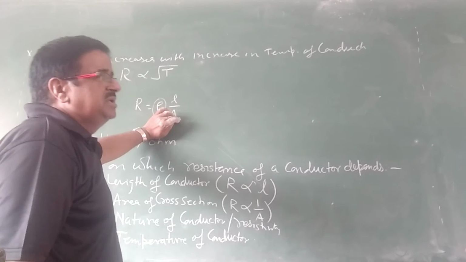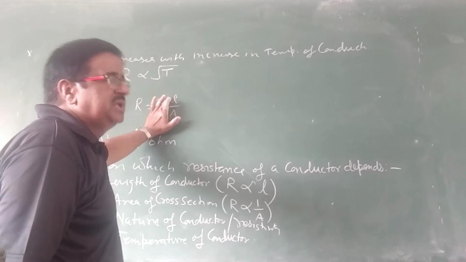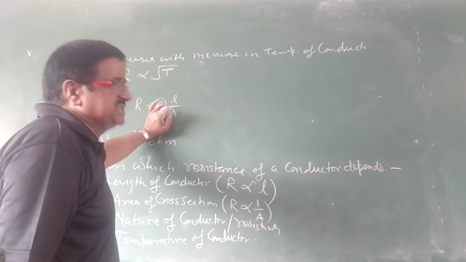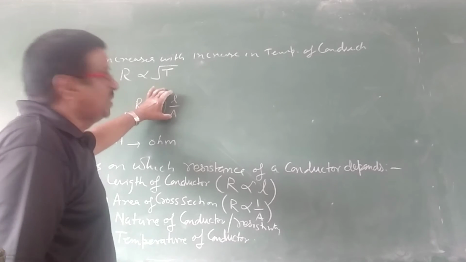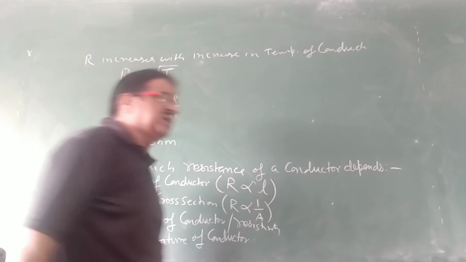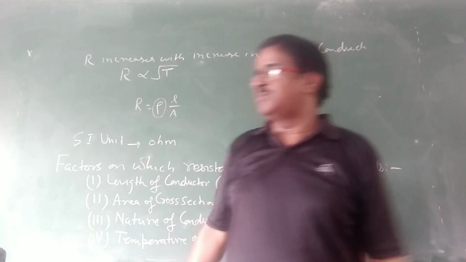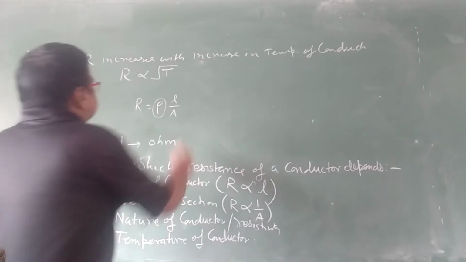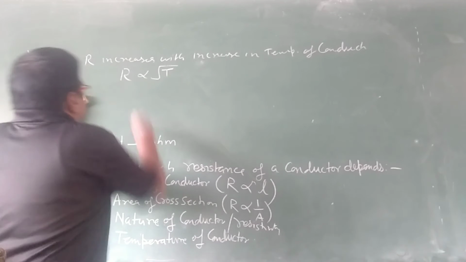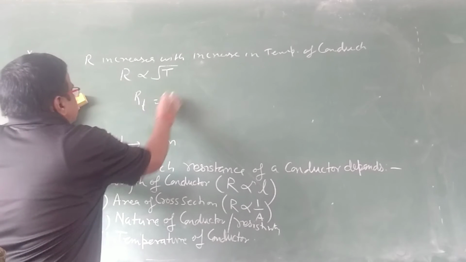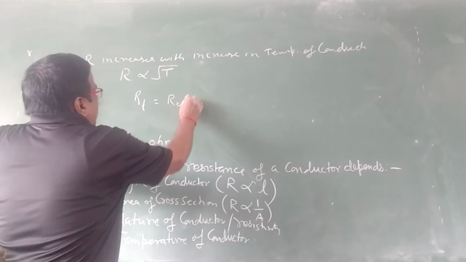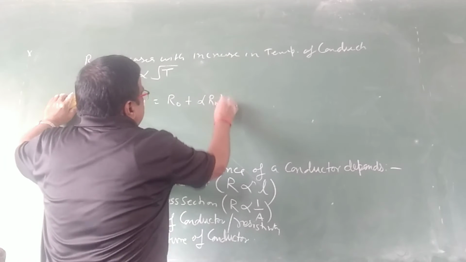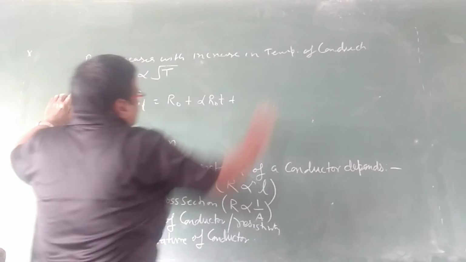As you have learned, there is linear expansion, superficial expansion, surface expansion. So there will be expansion in the size of the conductor due to change in temperature. So resistance also changes, and resistance of the conductor at any temperature T is given by R naught plus alpha R naught T and so on.